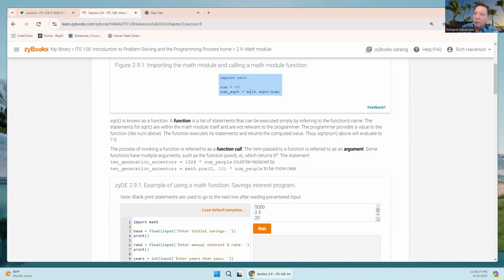See, first we imported them. We prefix this family of functions that we now have access to. This is the square root function. So if we have some number and we want to find the square root of it, we do math dot and then use the math module's square root function and give us what the answer is. So that's how you do it.